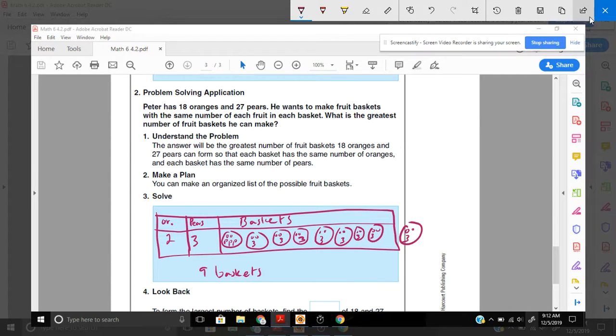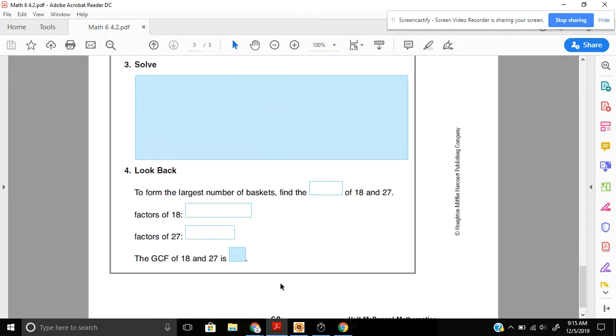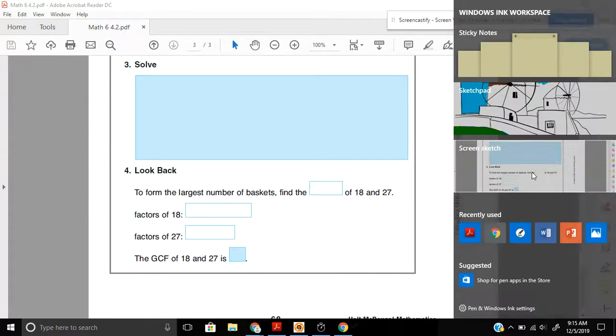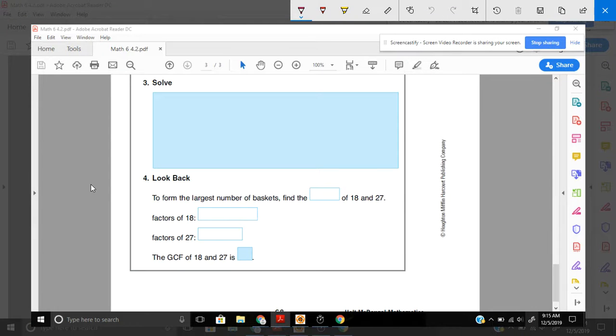And again, if I were to look back, essentially all we did is we found the greatest common factor, the GCF of 18 and 27. So let's just double check that we did that right. 1 times 18, 2 times 9, 3 times 6 are my factors, the numbers that multiply to get to 18.